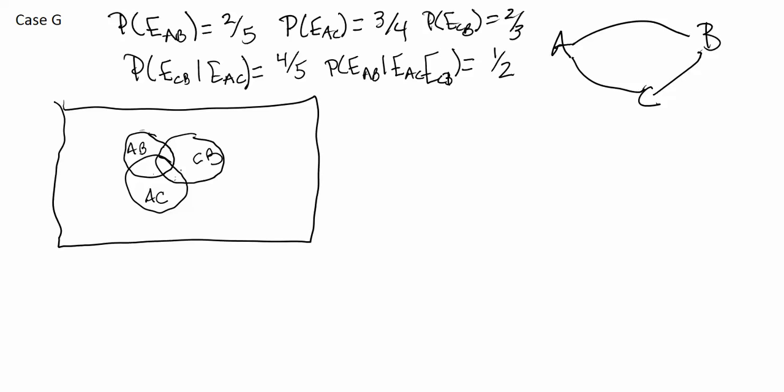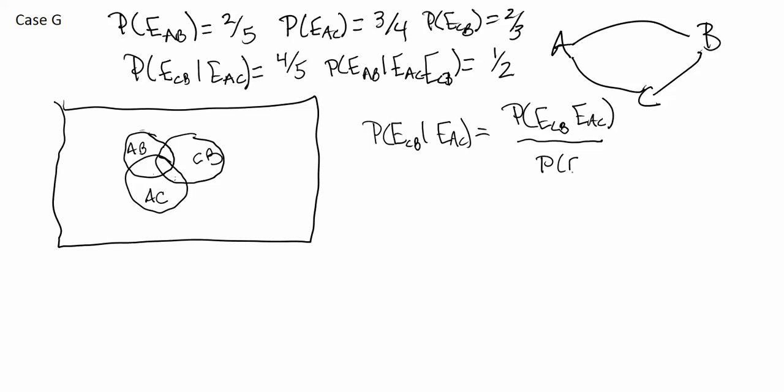First, let's figure out what we can from these conditional probabilities. This last row says that the probability of event CB given event AC, by the definition of conditional probability, means that we would have the probability of both event CB occurring and event AC occurring, meaning basically that the southern road is open, divided by the probability of event AC.